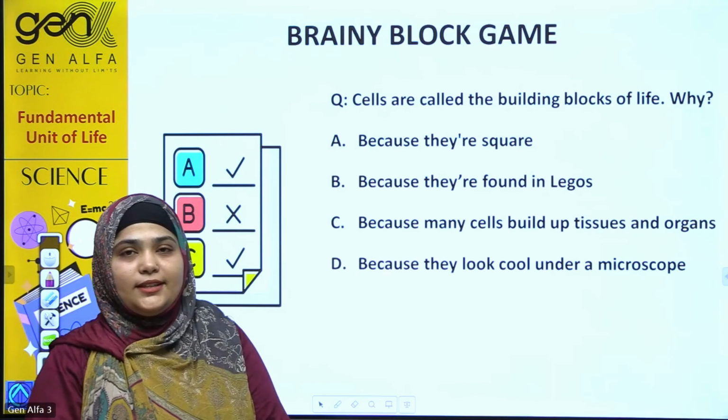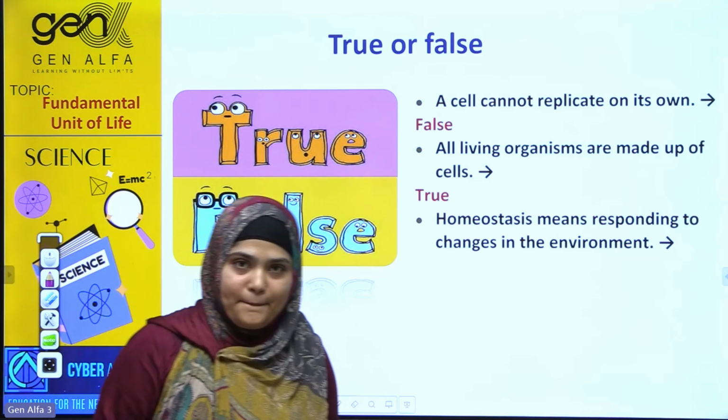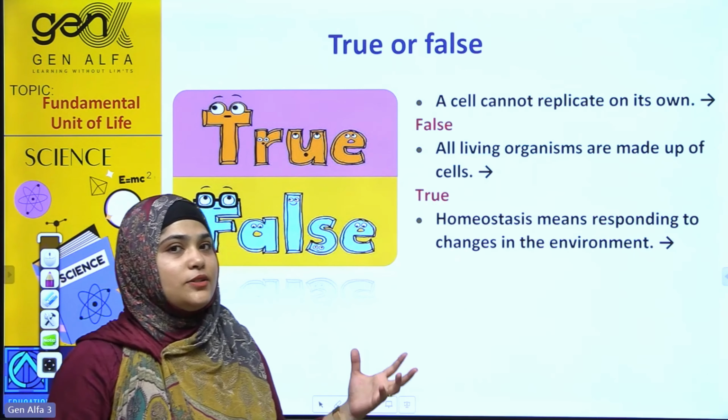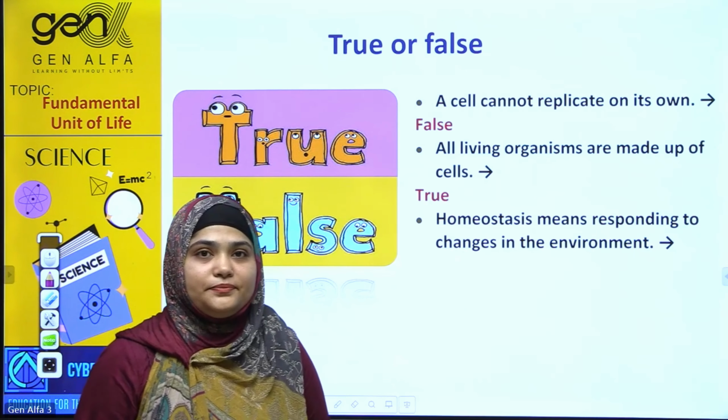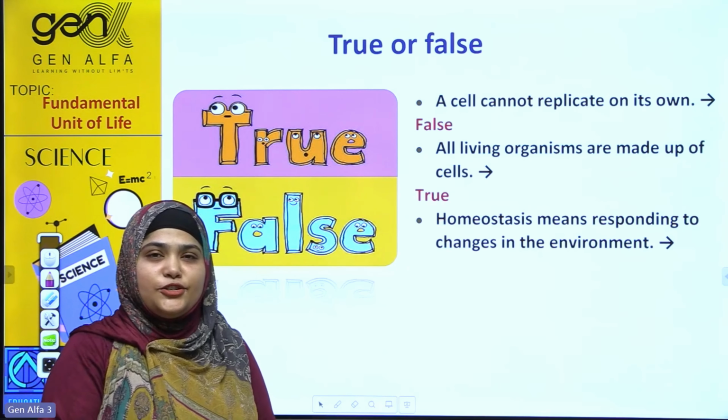Next statement: homeostasis means responding to changes in the environment. This is what homeostasis means. Tell me, is it true or false? Again, I'm giving you 30 seconds to answer this question. Do it fast.